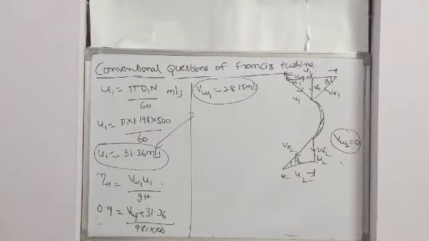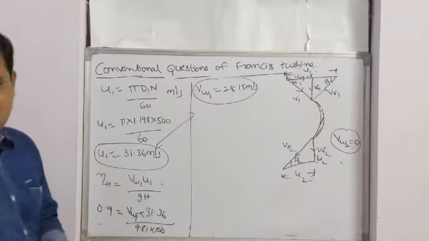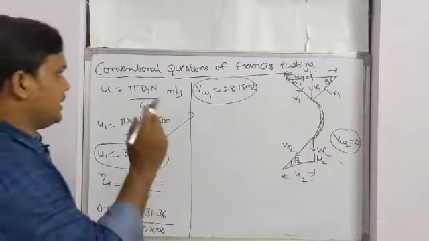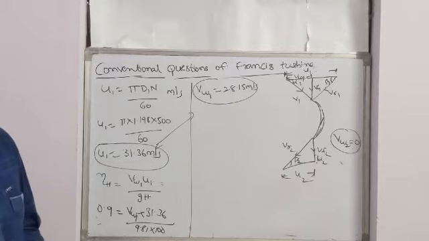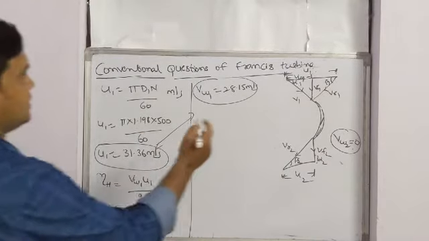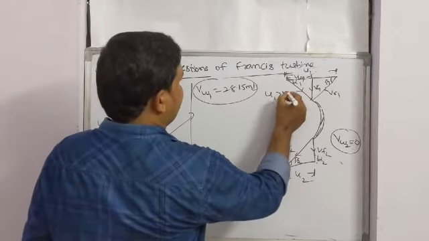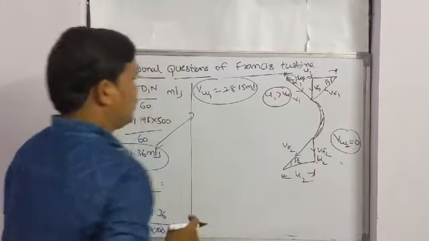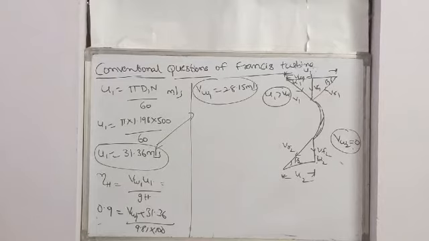From this, we again find the inlet triangle. From the inlet triangle, one by one, we should find that U1 is greater than VW1, so this triangle is applicable. Then we take tan beta 1.